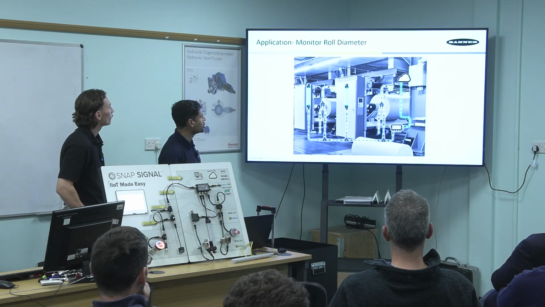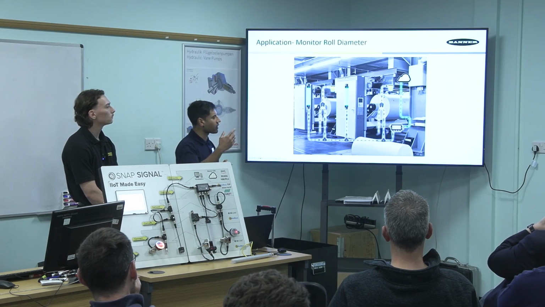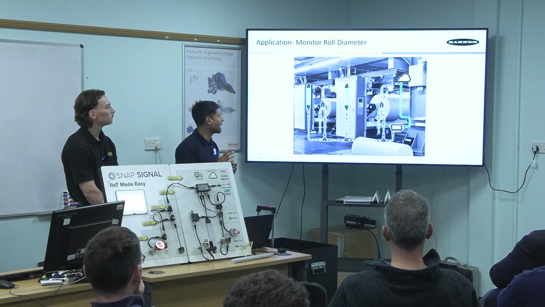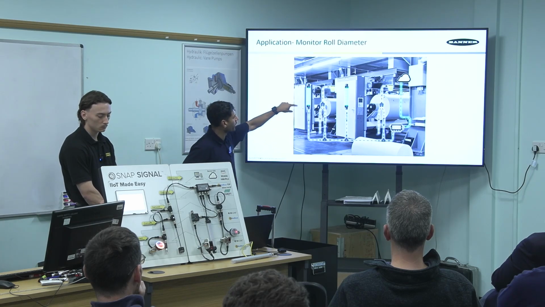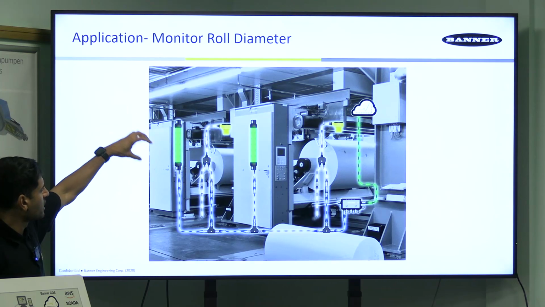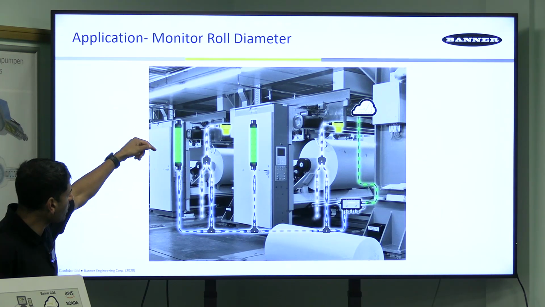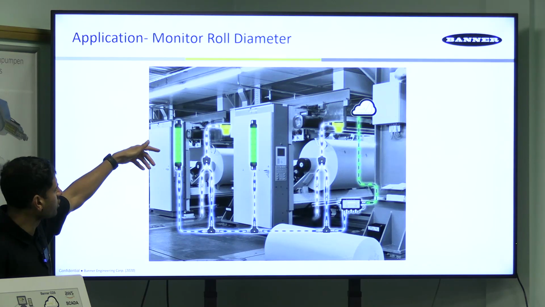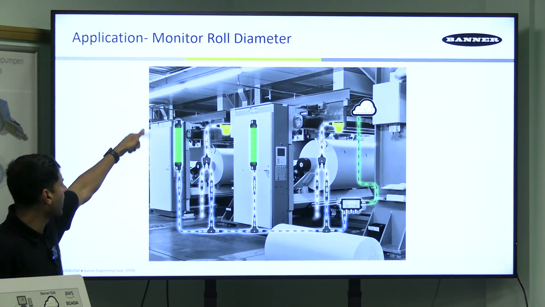We can also visualize on our machinery. So not only can you get sensor data out, you can actually output to LEDs. This application is showing some roller drums. As the drums run out of tension or run out of product, we can visualize them on our LED lights.